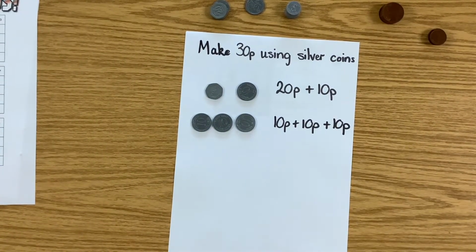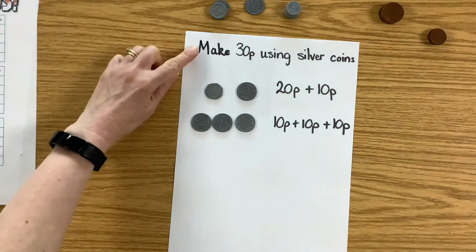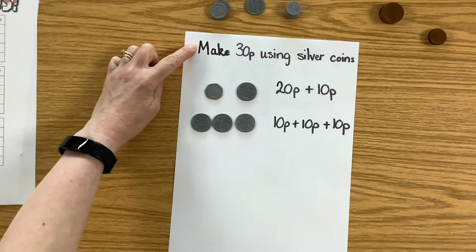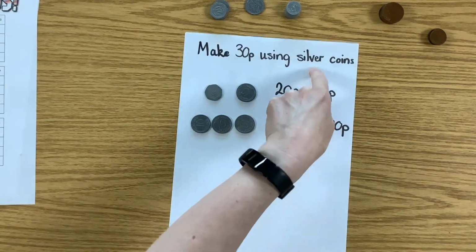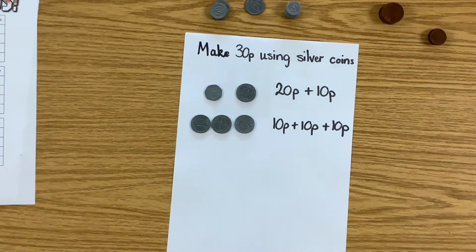Now P6, what I would like you to do for this first challenge, get that scrap of paper and go and jot down on it as many different ways, as many different answers for this challenge as you can. How many different ways can you make 30p, but it must be using silver coins? So go and jot them down on the page.